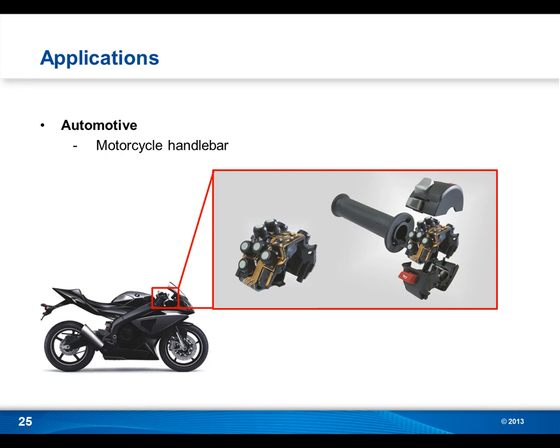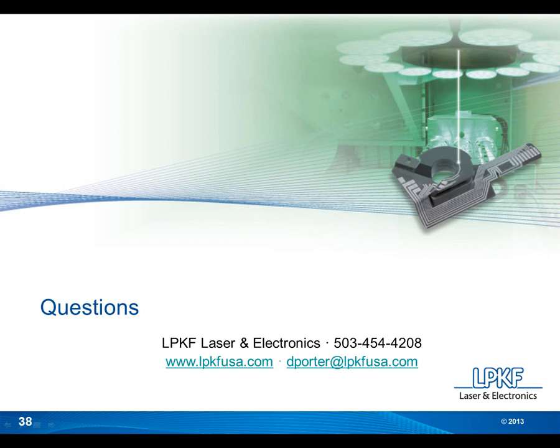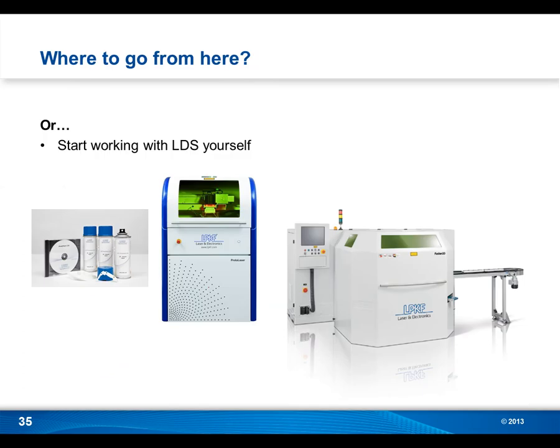Okay, so here's a good question from Steve. He wants to know the entry cost for a prototyping LDS system. Well, let's see. Next week, we're releasing our new prototyping lab system.